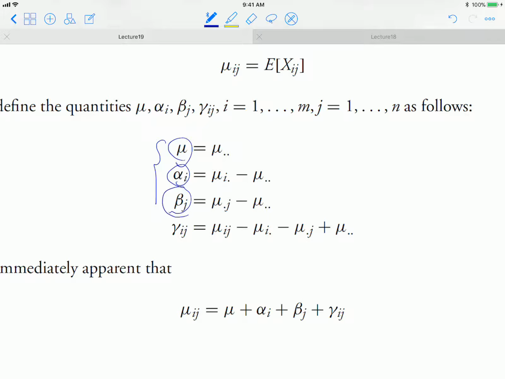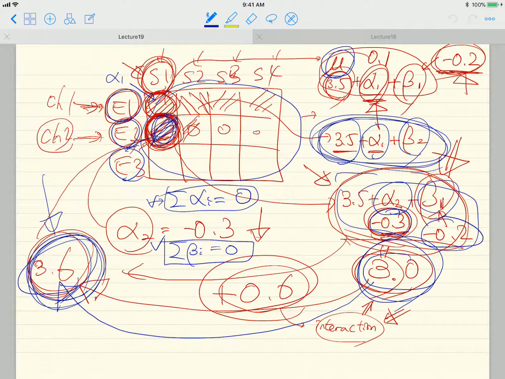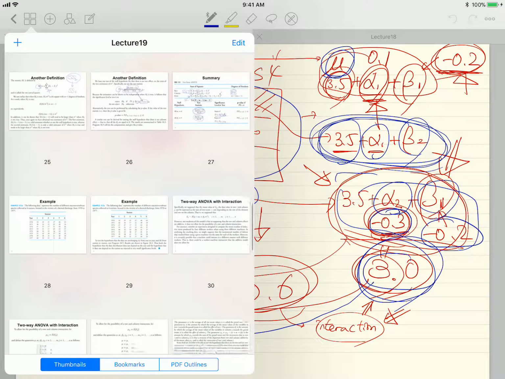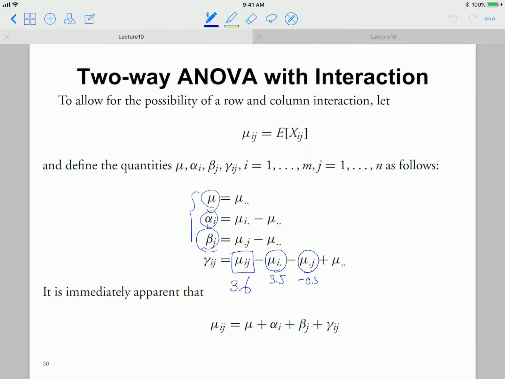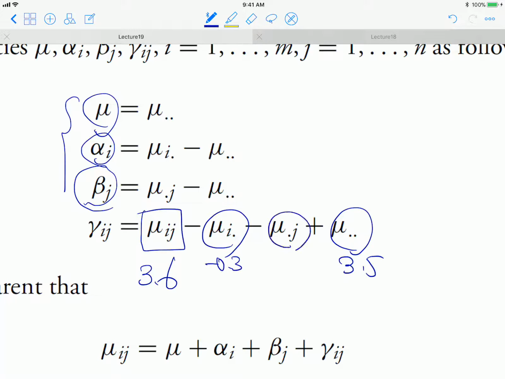But our actual mean, which was something like 3.6, is this value, and this guy is 3.5, and this guy was minus 0.3 and minus 0.2, right? By using the previous example, this guy is 3.5, this guy is minus 0.3, and this guy is minus 0.2.